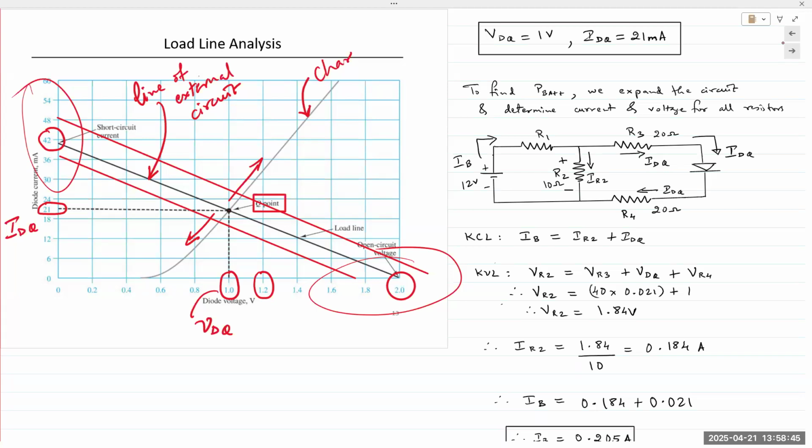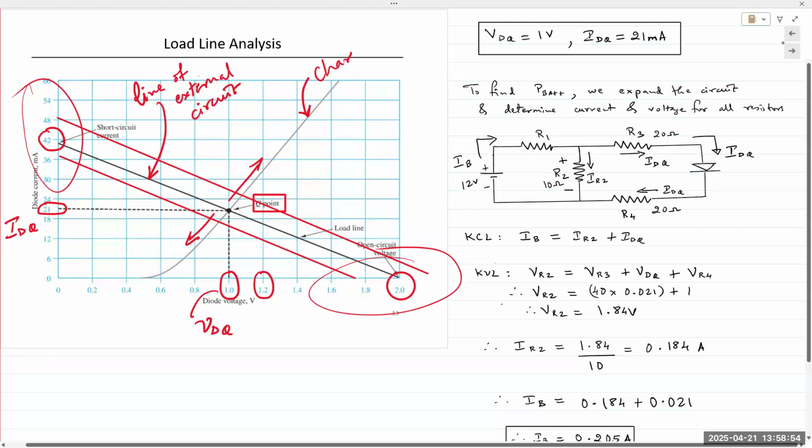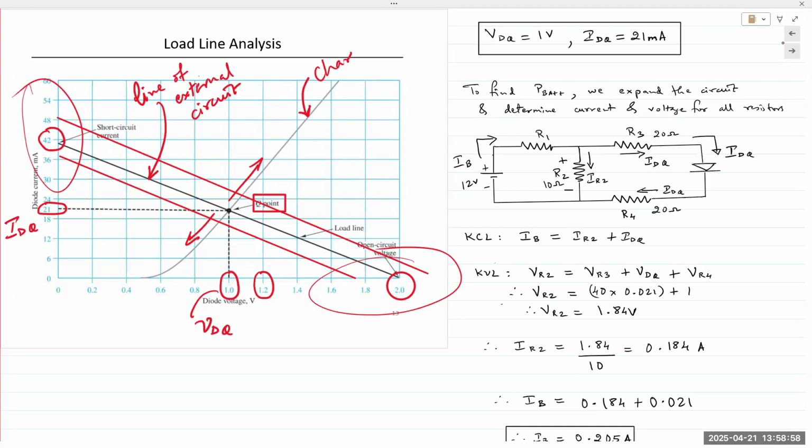You take your circuit, reduce it to one single voltage source and one single resistance, apply KVL, you obtain a linear equation in terms of the voltage and the current, plug in both as equal to 0 in turn, and then find the other quantity. And then you have your operating point. Okay. Again, operating point is the constraint placed on the device by the external circuit.